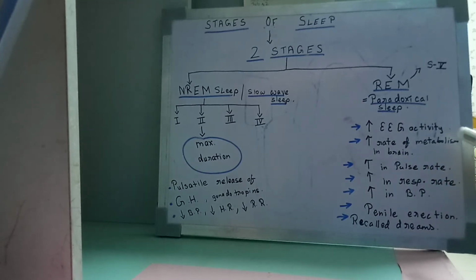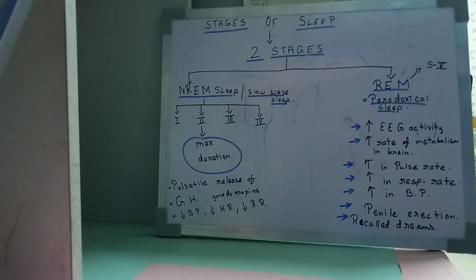Increased rate of metabolism in the brain, increase in pulse rate, respiratory rate, and blood pressure. The electroencephalogram activity will increase just like in the awakened state, and there is penile erection, and the dreams which can be recalled are seen in this stage.